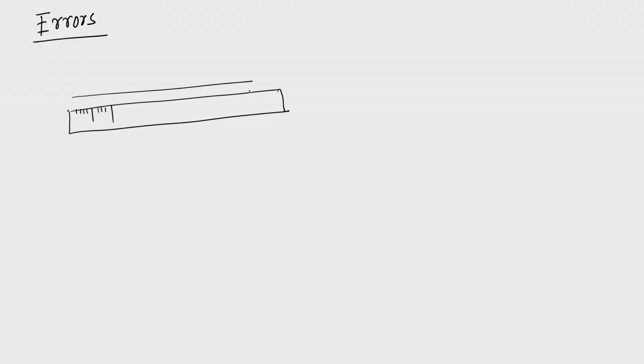And then this line comes to the end of the scale. Suppose you align it with the 0 of this scale, and it comes to around between say 8.8 centimeter and 8.9 centimeter.